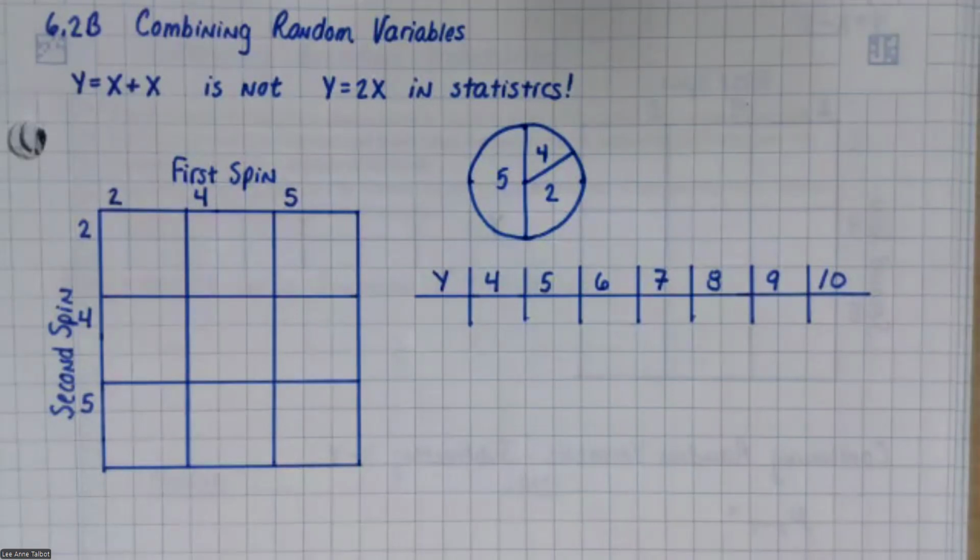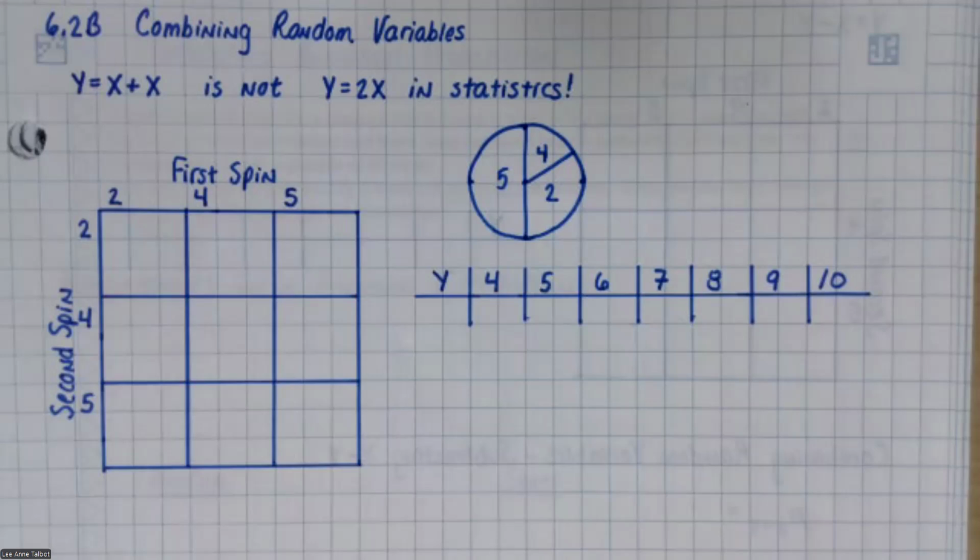Okay, and then I spin it again. And it lands on 4, and I add those two numbers together. That is x plus x. So the two things are not necessarily the same. It's spin plus spin. So spin 1 plus spin 2.